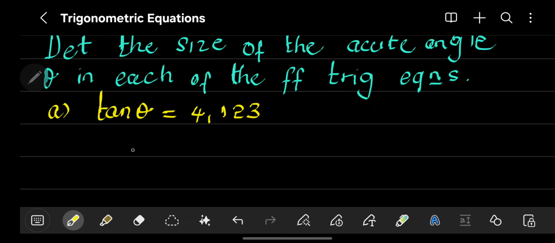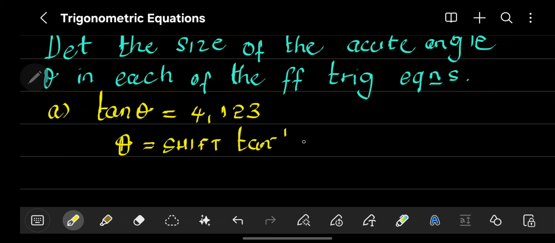Then we simply say that theta equals, and if we want to take this tangent to the other side of the equal sign, you press shift on your calculator. This you're not going to write for me; I'm just doing it so that you do not forget. Once you press shift and then tangent, it will give you arctan.